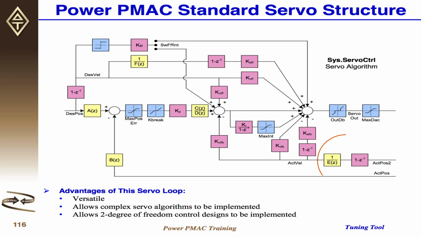Also, we have an extra flexibility here. You can have a filter in the velocity feedback path. And by the way, these A, B, Z, especially the D polynomial, can also be used to design what we call a pole placement controller or 2 degree of freedom controller for more complex dynamical systems.